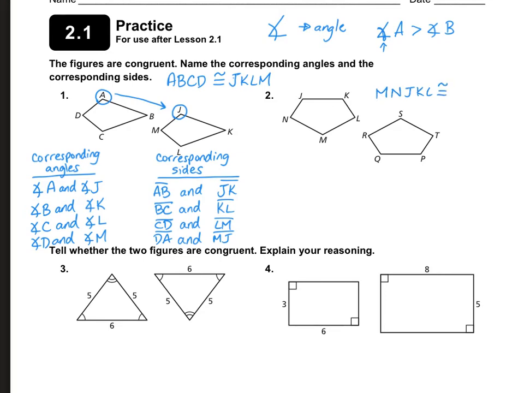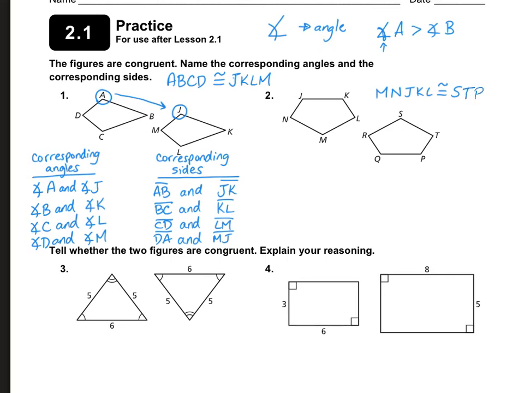And I'm going to say that that's congruent to. So since I started with M, I have to start with S. And since I went clockwise, it appears that I can go S, T, and then P, Q, R. So that's what I'll go ahead and do for that.